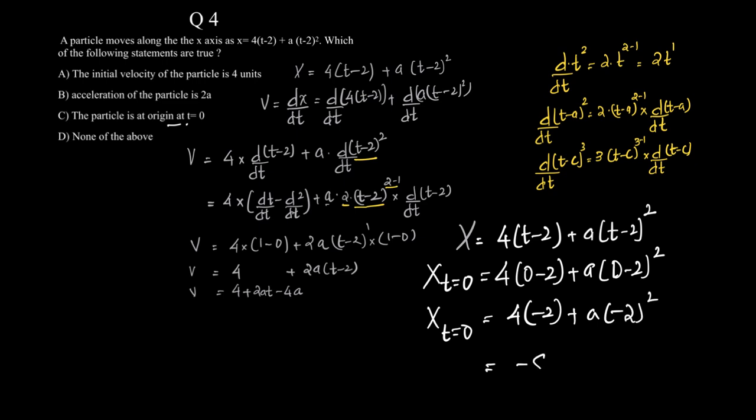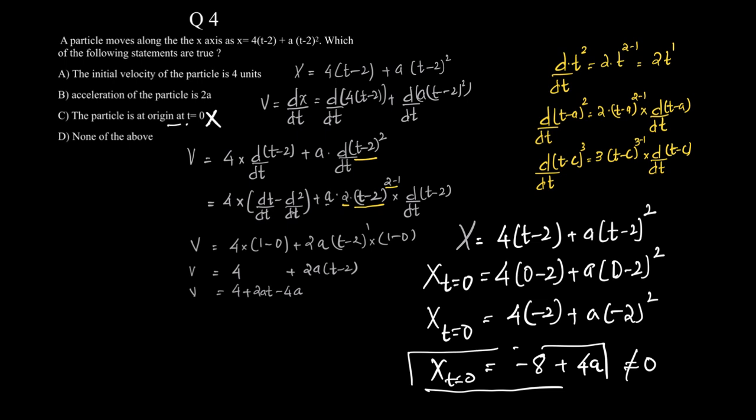So what we get is minus 8 plus 4a, which is definitely not equal to 0, in which case we can say that the particle is not at origin at t is equal to 0. So we have ruled out that point.